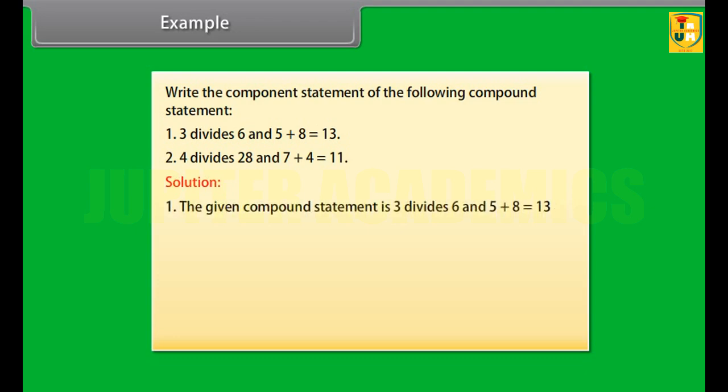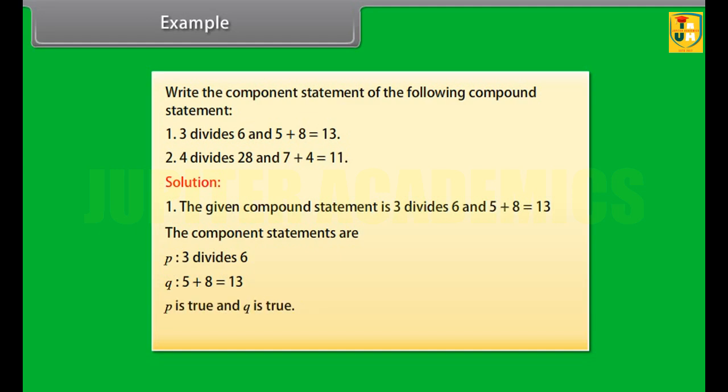The given compound statement is 3 divides 6 and 5 plus 8 is equal to 13. The component statements are P: 3 divides 6. Q: 5 plus 8 is equal to 13. P is true and Q is true. Hence, P and Q is true.